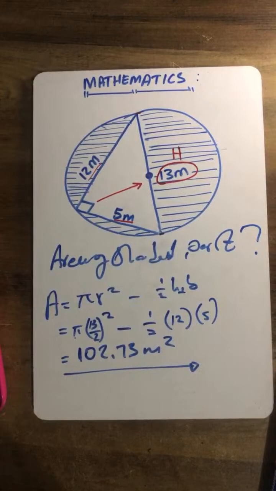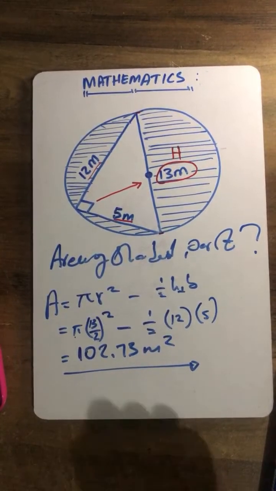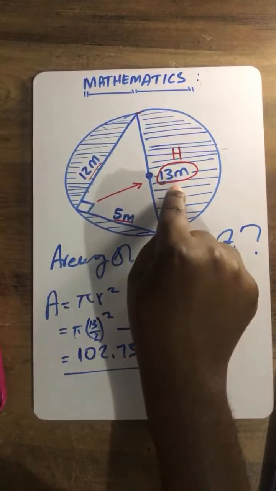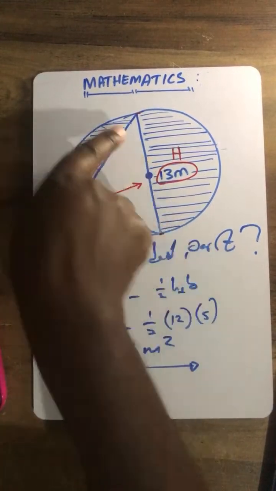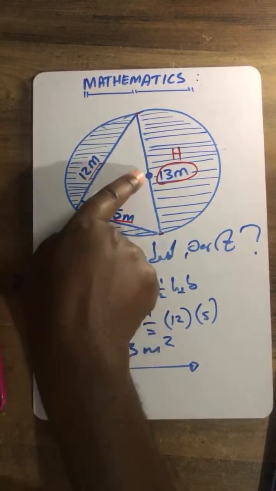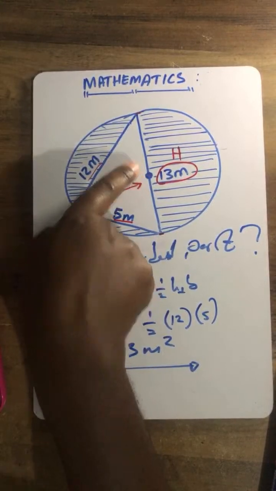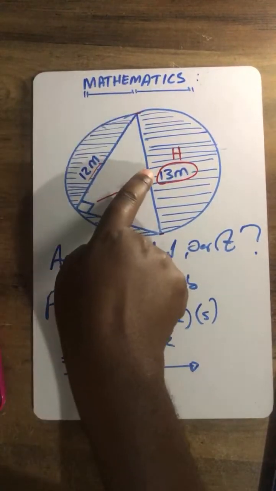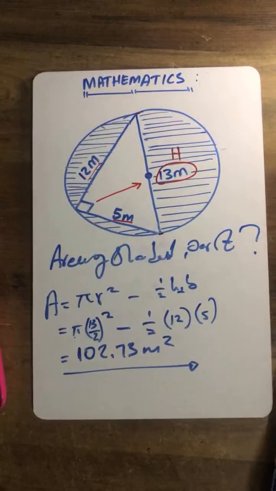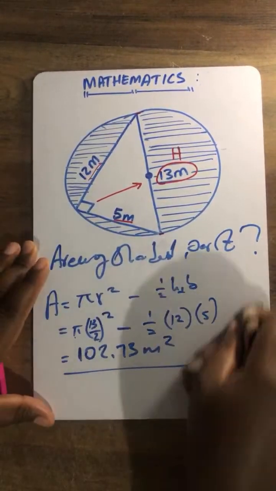So the moment you have 12 and that 5, it wouldn't make sense for that 13 to be R. So actually, this 13 is for that line. The dot simply indicates that the hypotenuse passes through the center. That is the main purpose of the dot, just to say it's passing through the center.